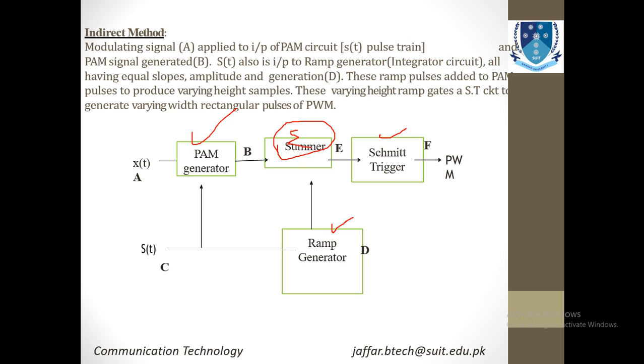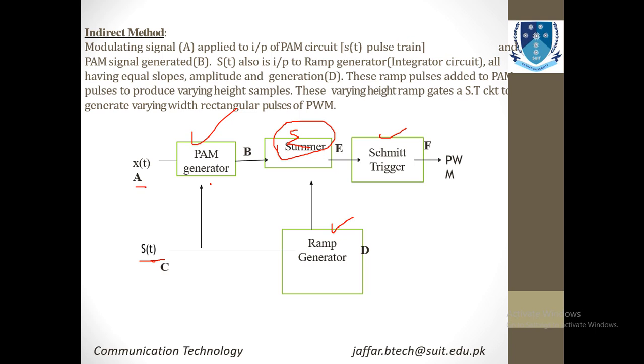So this is a summer, and you have this A, this is your X of t, and this is your carrier, or you can say the message signal, the other signal, that is S of t, and you basically add them. But before adding, they have to be fed into different modules. The first one is the PWM generator, and the second one is the ramp generator. And after that, you provide the input to the Schmitt trigger, and then you can generate the PWM, or you can say the pulse width modulation signal.